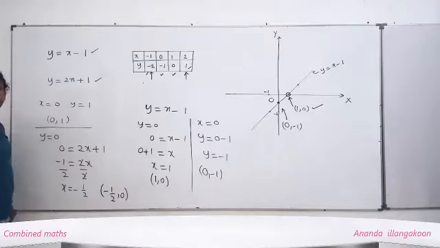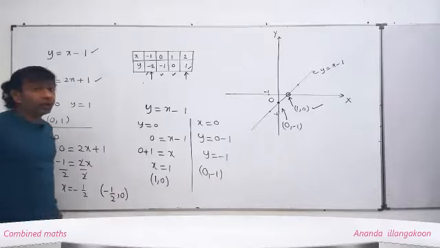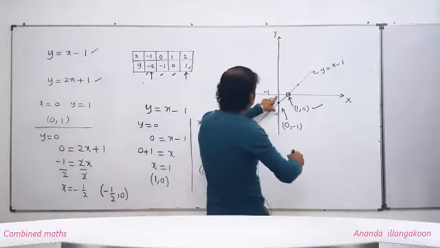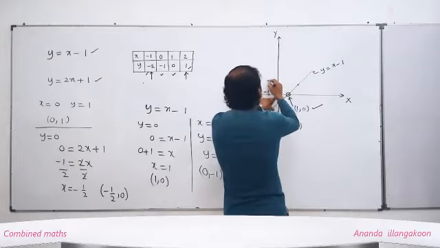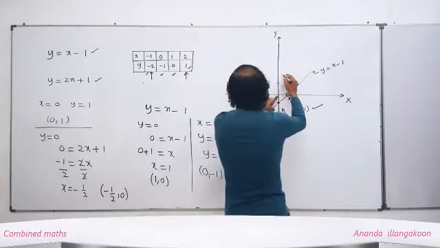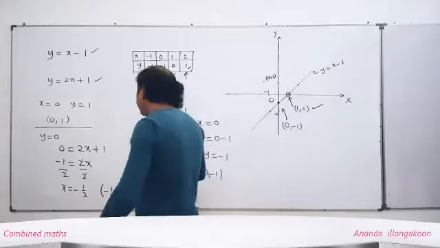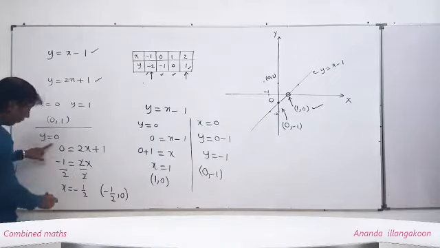Then we have 2 points. 0, 1: x coordinate 0, y coordinate 1. 0, 1 is, people, x coordinate 0 is here, y coordinate 1 is here. This is the 0, 1 point. Right. Then the other one, y equals 0 and x equals minus half.